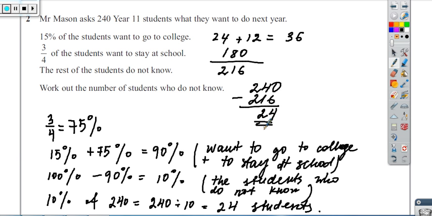That would be an indication that there is something wrong with your answers. Check the last digits, check whether your answer makes sense at every single stage, and you can easily save your marks.